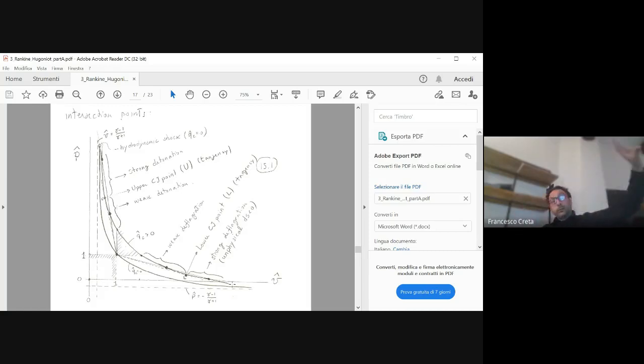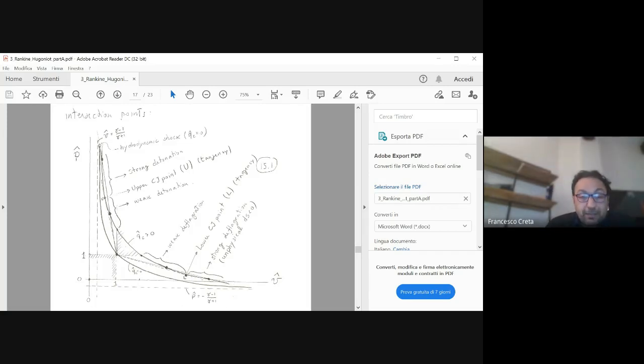The farther away you move from the origin, the stronger the solution is, simply because the downstream values are going to be very far from 1 with respect to the upstream conditions. That's why it's called strong. The closer you get to the 1-1 point, the origin, the closer you get to the upstream conditions, and so essentially there's not going to be a big change between downstream and upstream, and so you call them weak solutions.